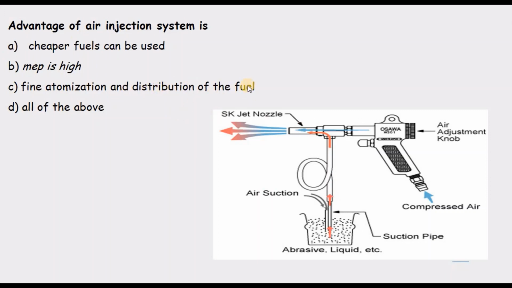Fine atomization and distribution of the fuel, so here increase in the pressure of compressed air is able to have more proper atomization and distribution of the fuel. So cheaper fuel can be used, mean effective pressure can be higher, and higher amount of atomization and distribution is possible. So the correct answer is D, all of the above.